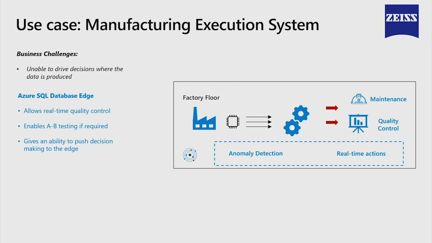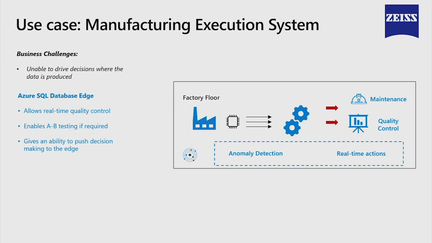So that could lead to a lot of wastage, because let's say you found an impurity or a quality issue because of some parameter that you changed. All of those lenses or optical equipment would have to be discarded. That leads to wastage. So if you were able to take that central processing, which is happening in a SQL database, and push it right into the machine using a container, you could take the decision right there.